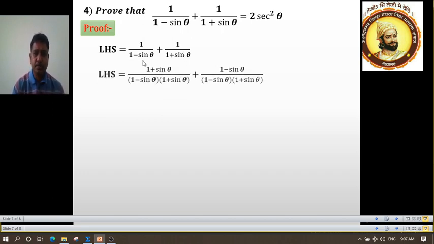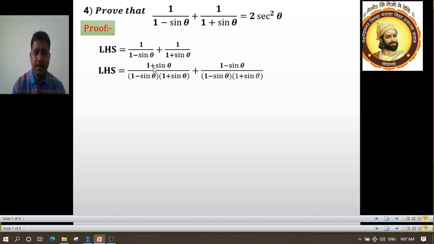We have, see, 1 plus sin theta divided by 1 minus sin theta into 1 plus sin theta. In the second term, multiply here by 1 minus sin theta, 1 minus sin theta divided by 1 minus sin theta into 1 plus sin theta. Now see here, the denominator is the same.